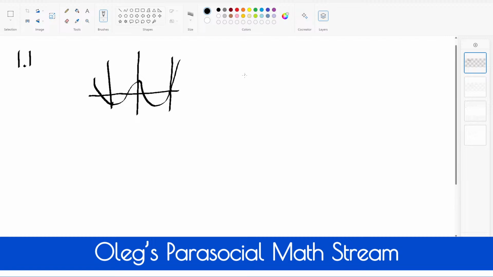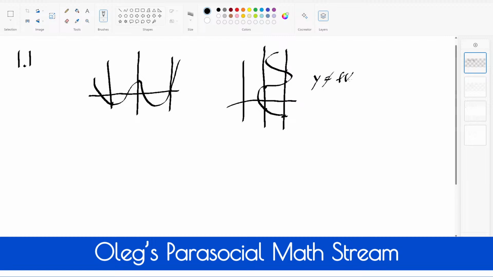Now, if it was like this, and it was going to go back in on itself, we have multiple points of intersection here. Points of intersection here. This is y is not equal to f of x. And here y is equal to f of x.